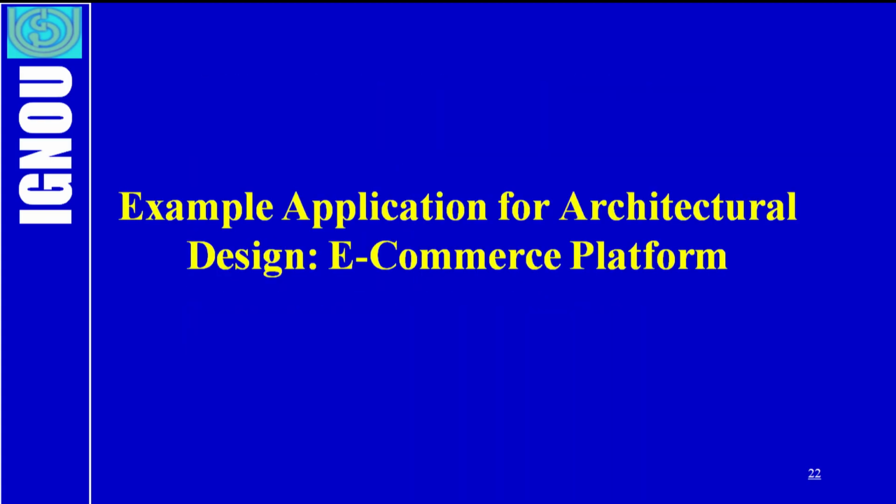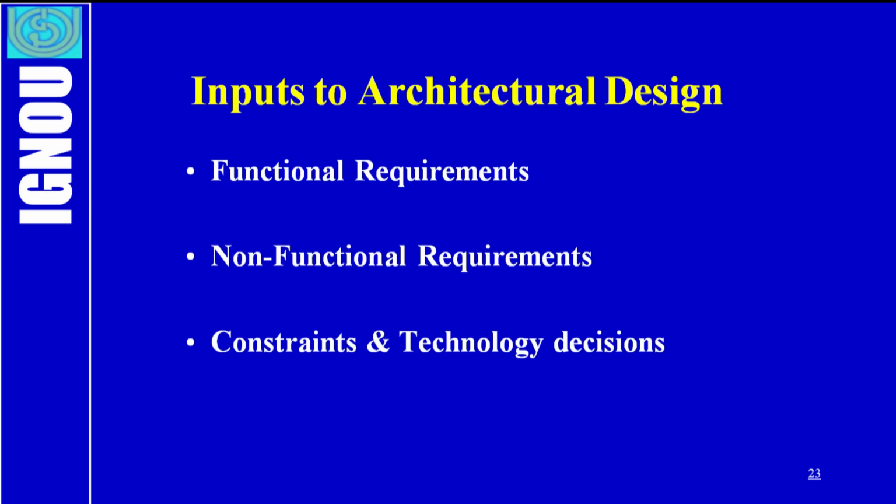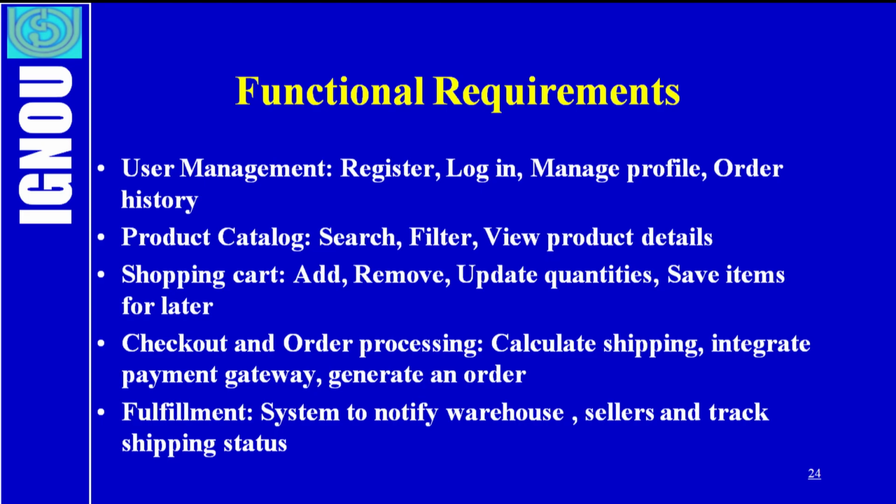So the example application for architectural design is e-commerce platform. So the inputs to the architectural design are functional requirements, non-functional requirements, and constraints and technology decisions. These are the three major inputs. And in functional requirements, we work out on user management, product catalog, shopping cart, checkout and order processing, and the fulfillment.